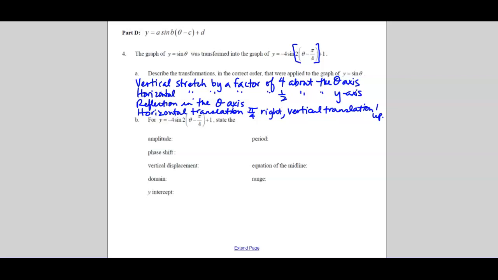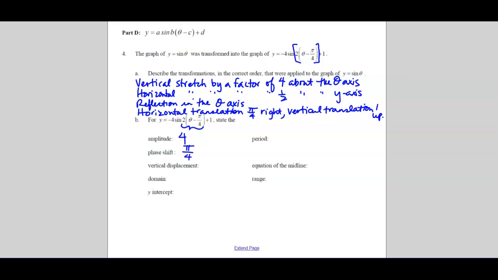Okay. So without graphing it, let's come up with some of the properties. So amplitude, that's your A value, but the absolute value of it. Amplitude is never negative. You'll get it wrong if you put negative. Okay, so it's 4. If this is factored, which it is, then your phase shift is pi over 4.